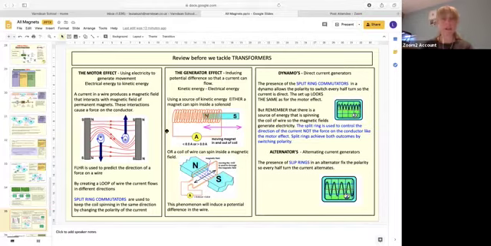The next one we've just been introduced to is the generator effect. So here we are inducing potential difference so that a current can flow. We are transferring kinetic energy into electrical energy.